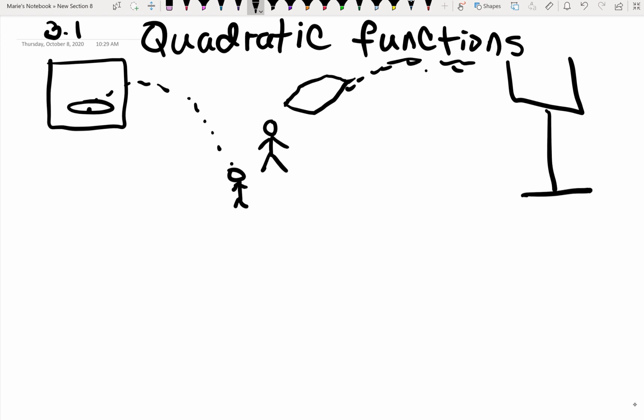It's got a parabolic shape to it. So any projectile, especially in sports, is an example of a quadratic function.